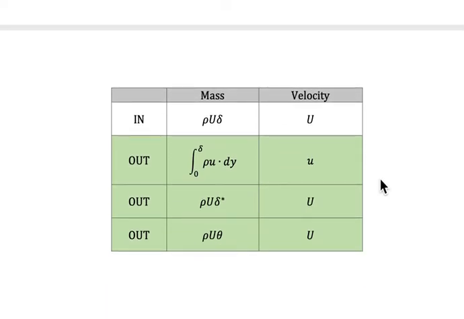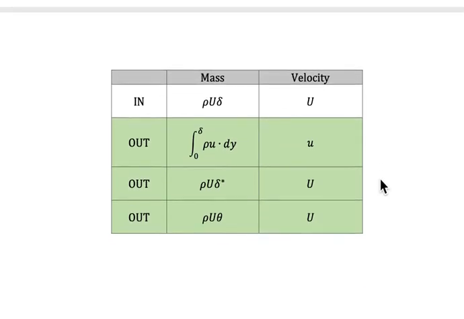To simplify the calculation, for inlet, the mass can be calculated by rho, U, and delta, and the velocity is U. In outlet, we have three areas, and it can be simplified as this. This is the mass for the velocity distribution, and this is the local velocity that acts in the velocity profile.